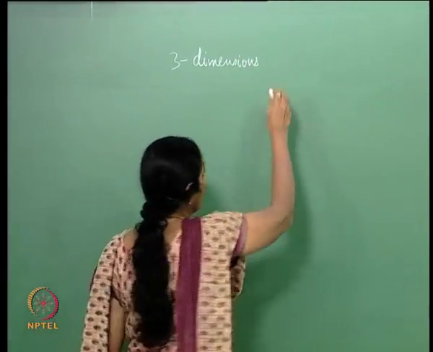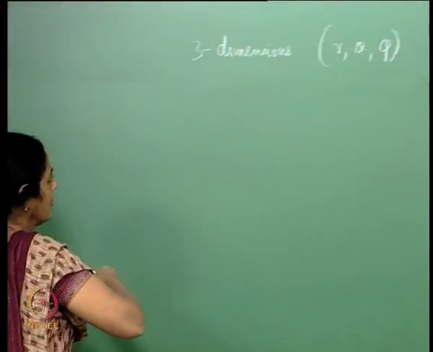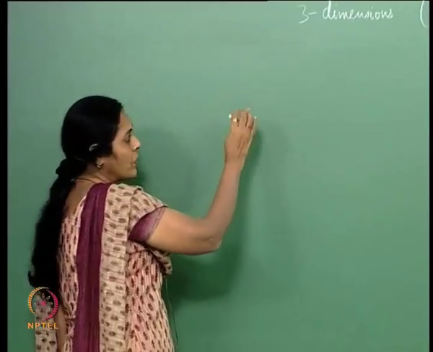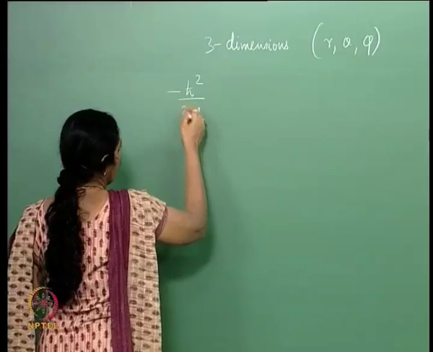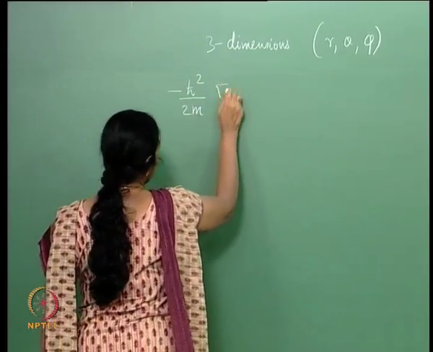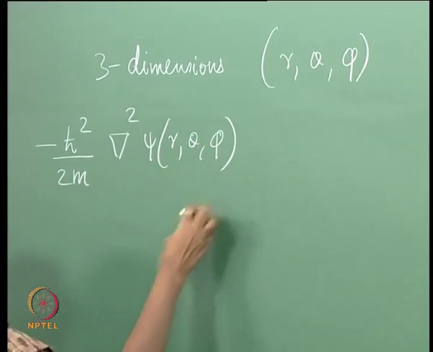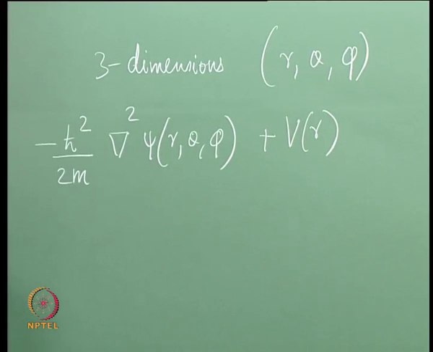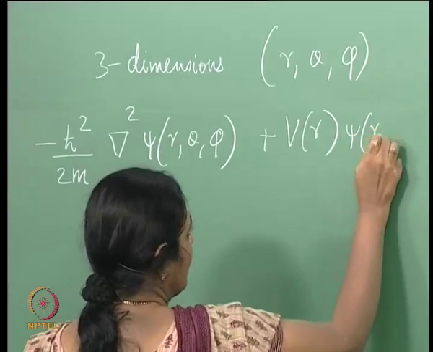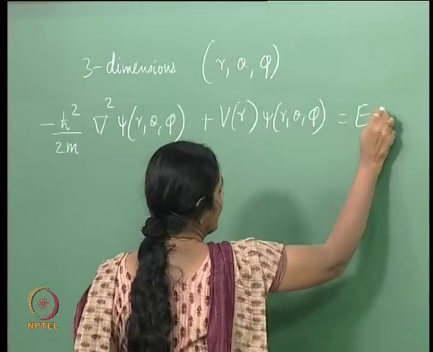We use spherical polar coordinates r, theta, phi, and typically the Schrodinger equation would become minus h cross squared by 2m del squared psi of r theta phi plus V of r, because we are considering central potentials, psi of r theta phi is E psi of r theta phi.